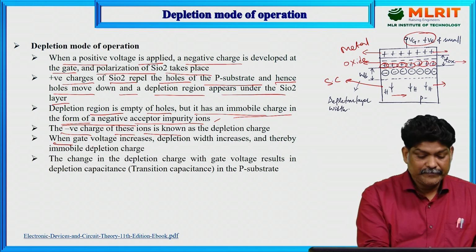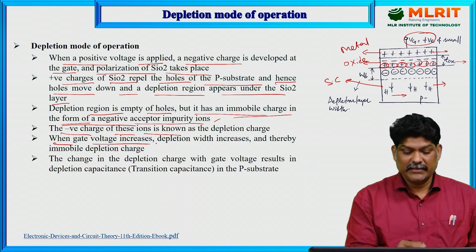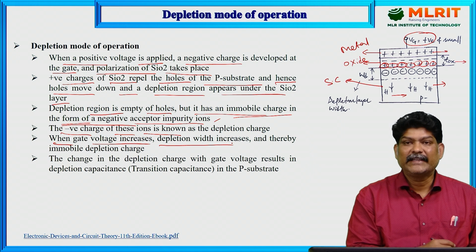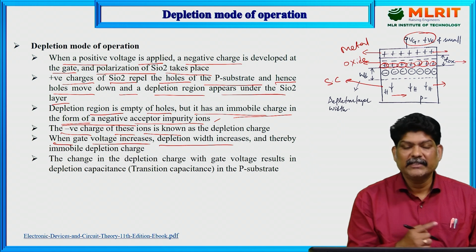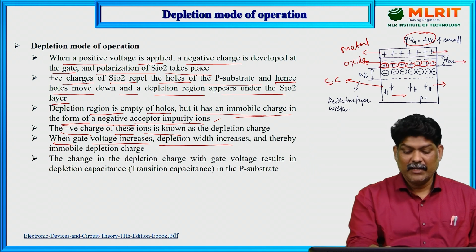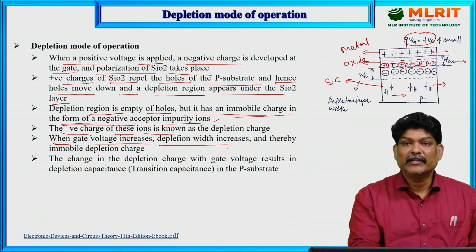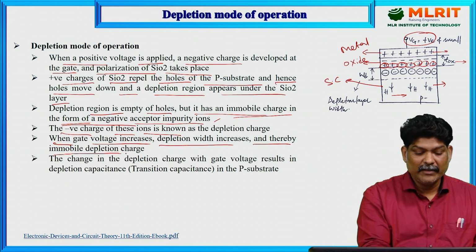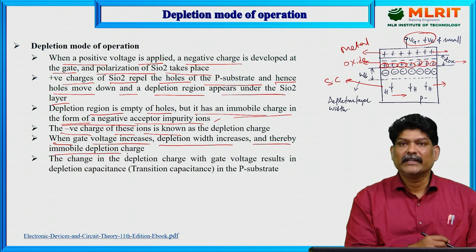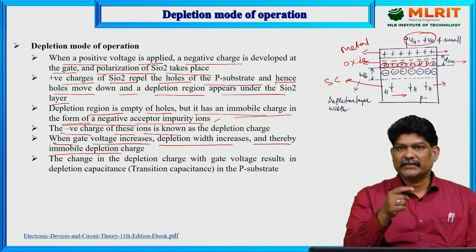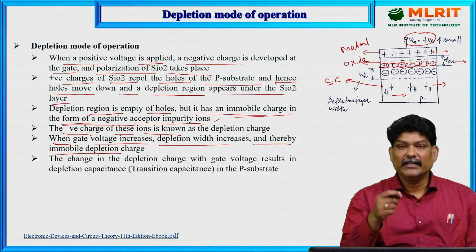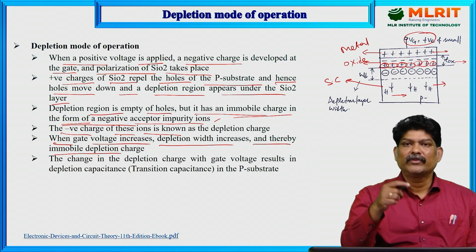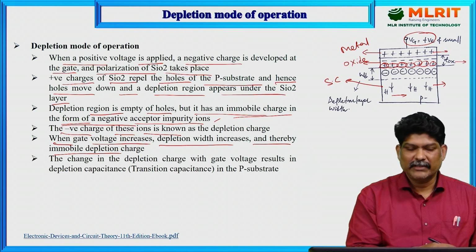When the negative gate voltage increases, the depletion width also increases, and thereby the immobile depletion charge also increases. So the immobile charge carriers in the depletion region increase when you increase the negative voltage at the gate.